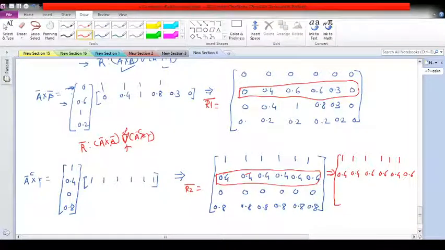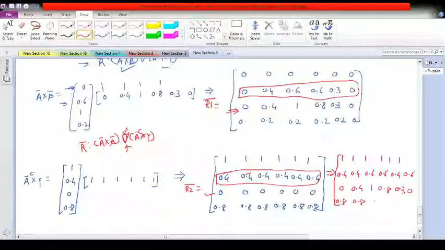From third row, here it is 0, so obviously this third row will be as it is, 0, 0.4, 1, 0.8, 0.3 and 0. From fourth it will be max is 0.8, this is 0.8, this is 0.8, all 0.8, 0.8 and 0.8.